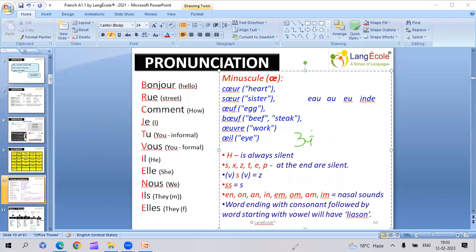Similarly, O. Similarly, in E. Important, right? It goes a little bit of half M sound. Remember, half M sound. Okay, important. So here it is half M.